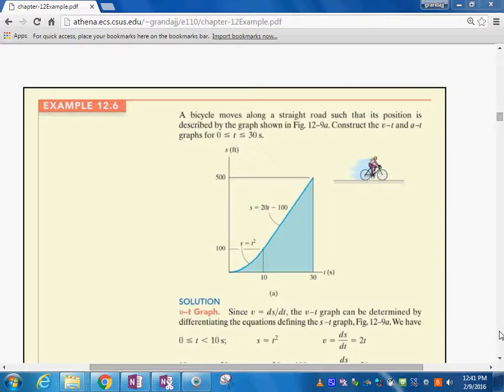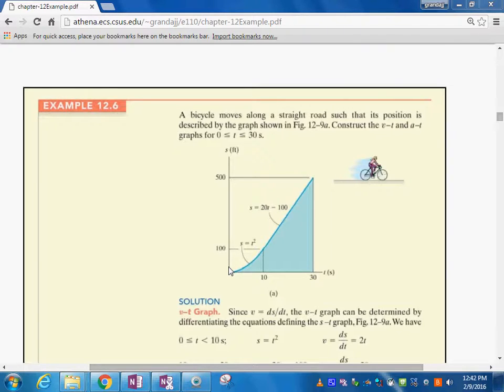So the bicycle is moving this way, and what you see is that it has some sort of parabolic motion from 0 to 10 seconds. Probably it's accelerating in there, changing rapidly.